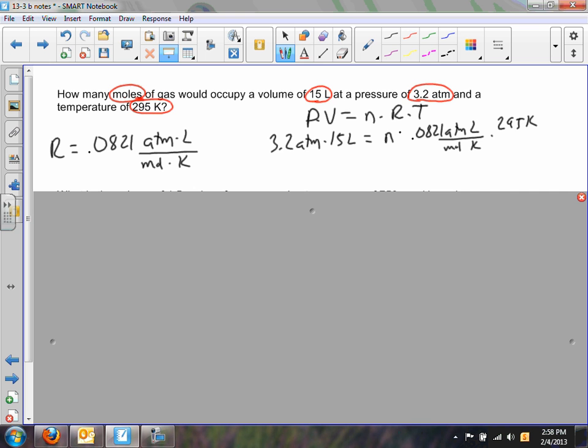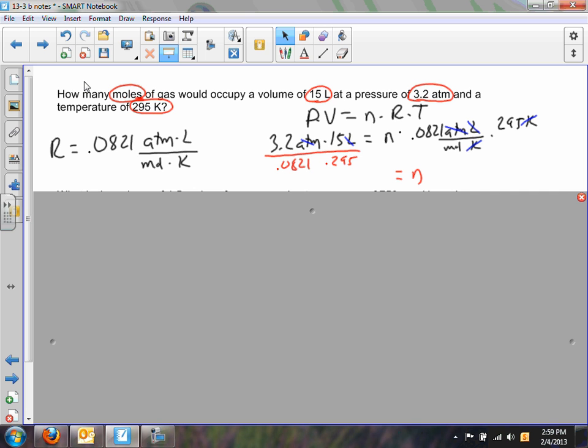So if we cancel out units, Kelvin cancel out, liters are on both sides, they're gone, atmospheres, both sides, they're gone. To get moles by themselves, I just need to divide both sides by 0.0821, and now that's per mole, and 295.